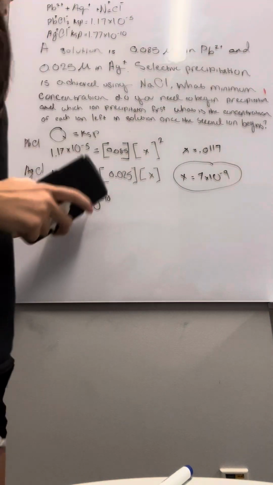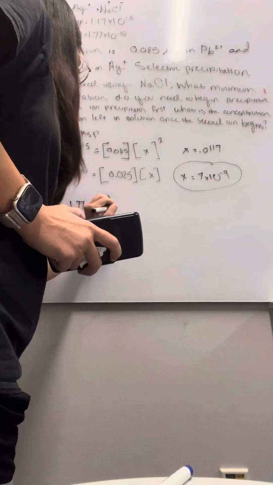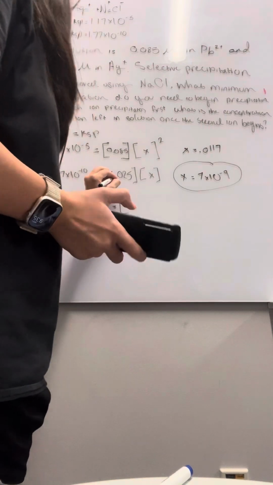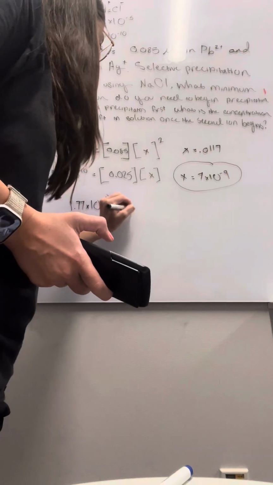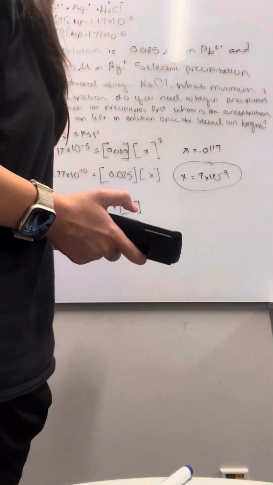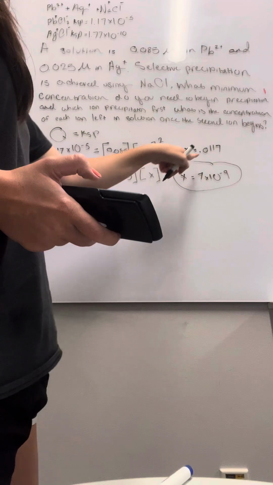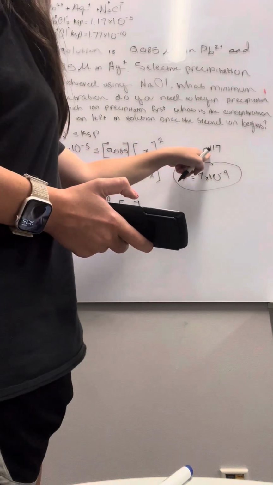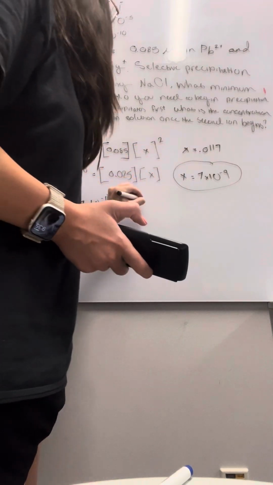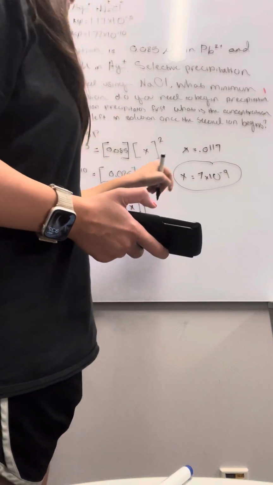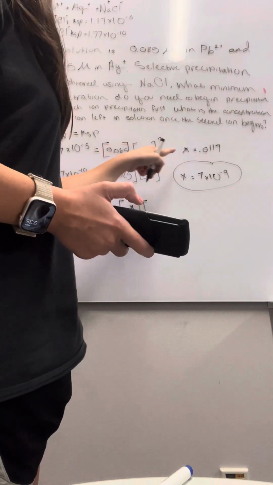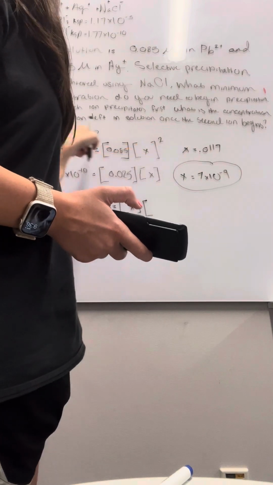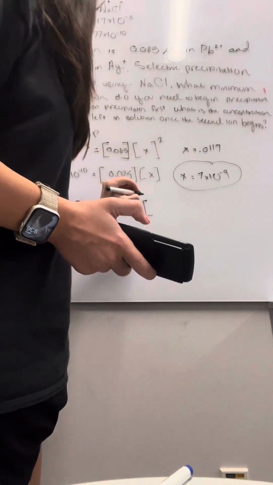You're going to write the same KSP, and then here, instead of having this value, you're going to just write x, because we don't know what that is yet. And then for this value, you're going to plug in this value, because this is the molarity of the Cl when this second ion starts to precipitate.